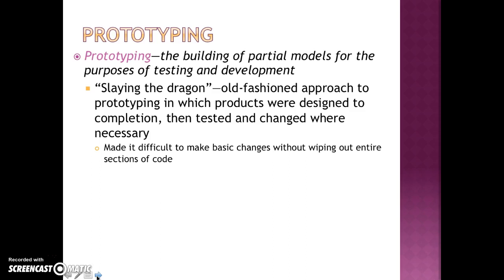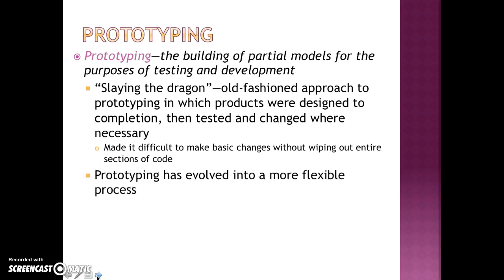Now, it's great that you have completed a product from start to finish, but to make basic changes was very difficult and inefficient, because then you'd be wiping out entire sections of code. But now prototyping has evolved into a more flexible process.